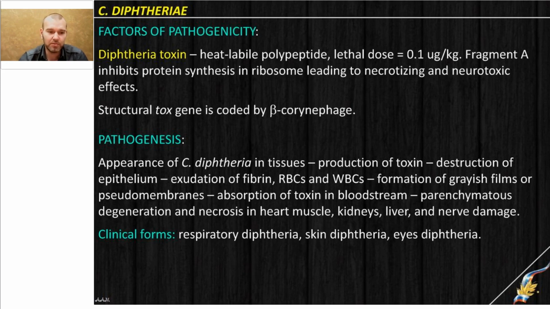Corynebacterium is a classic example because actually in native strains of Corynebacterium, that toxin is not identified. And always the gene coding the toxin is provided by beta-corynephage. It is a virus which can infect only Corynebacterium diphtheriae, and usually the virus carries that gene. If bacteria are toxigenic, it means that they are infected with corynephage.